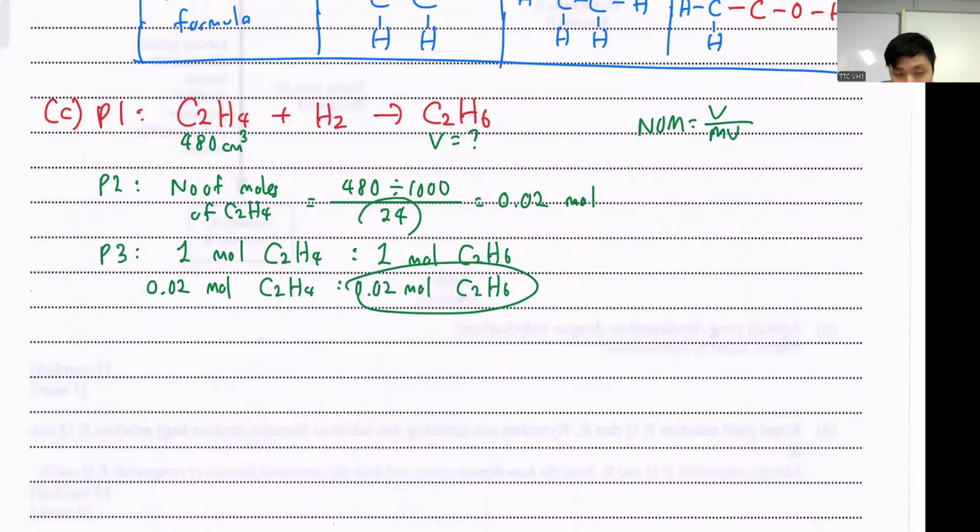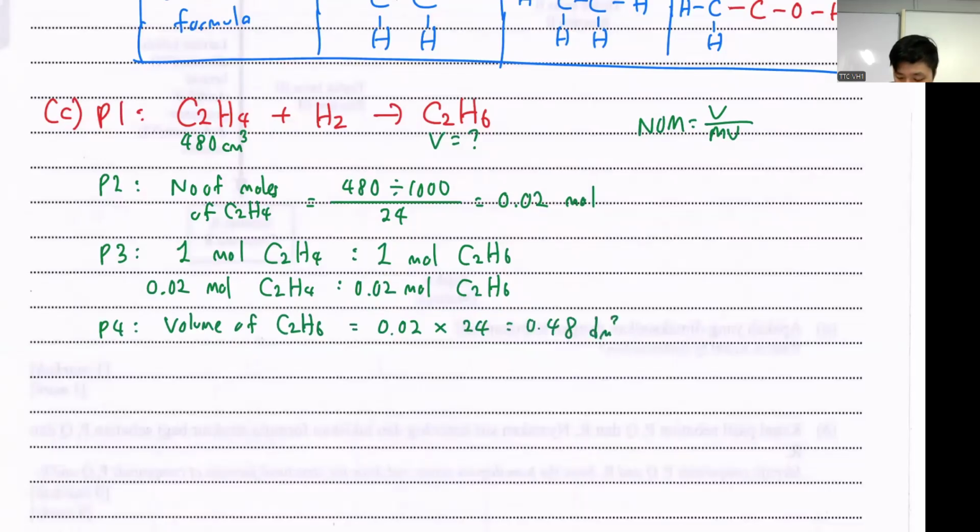Again, you just multiply by the molar volume, because number of moles multiplied by molar volume gives you volume. Just use 0.02 multiplied by 24, you will get 0.48 dm cube. Or if you want to change to cm cube, it means 480 cm cube. You can keep it as dm cube, or change to cm cube, also can. Another easy format, right?